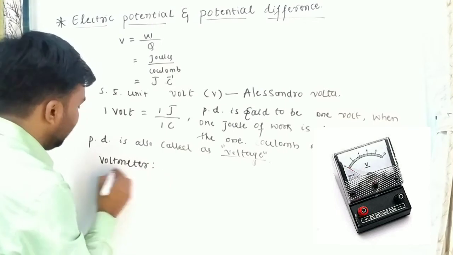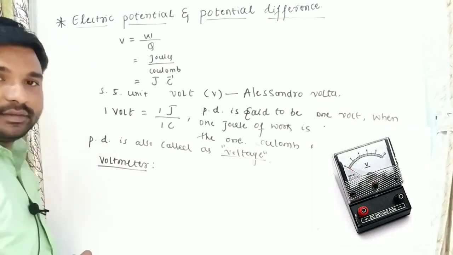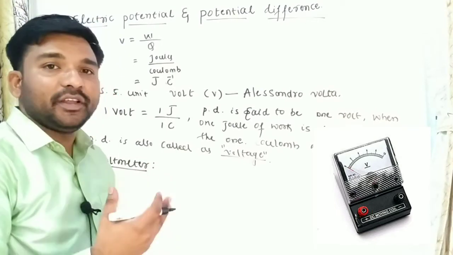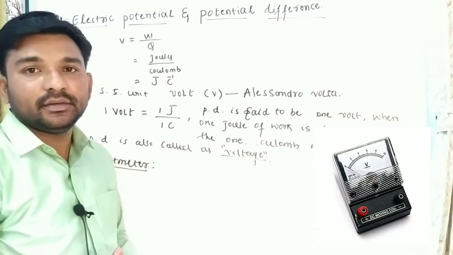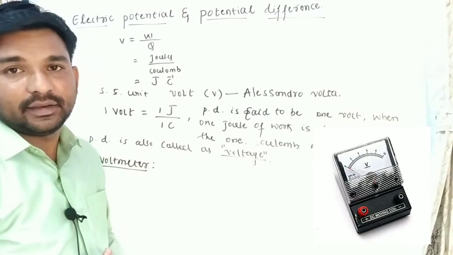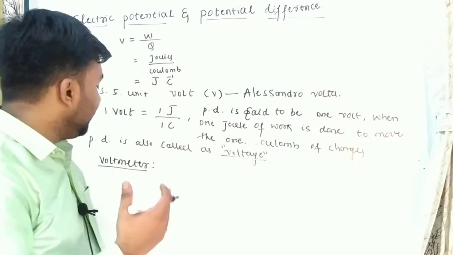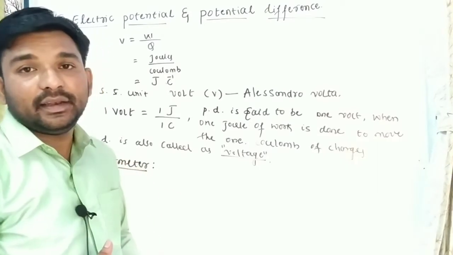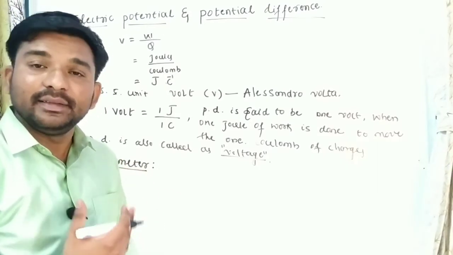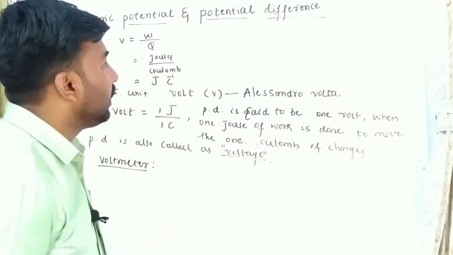The voltmeter is the device used to measure the potential difference between any 2 points in an electric circuit, and it is always connected in parallel in the circuit. Let me show you how.